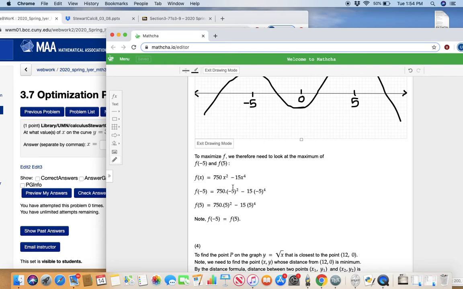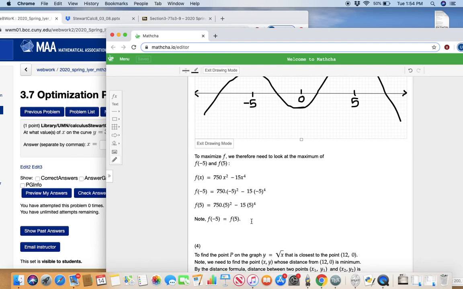Negative 5 squared is positive 25. Positive 5 squared is positive 25. Here, x to the power 4, negative 5 to the power 4 will be positive 625. 5 to the power 4 will be positive 625. So everything else being the same, these fetch me the same values.